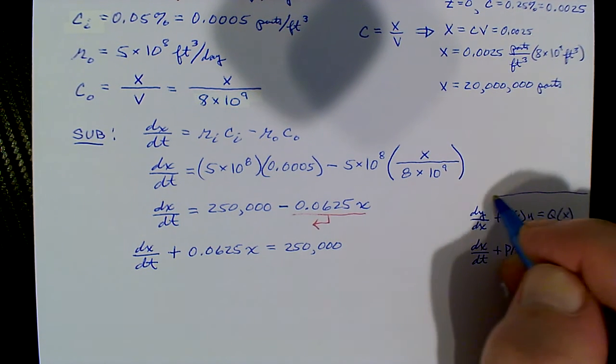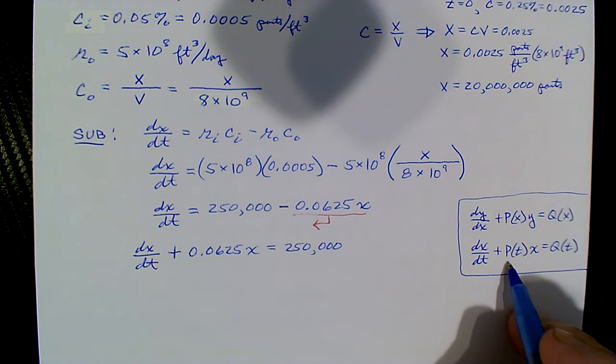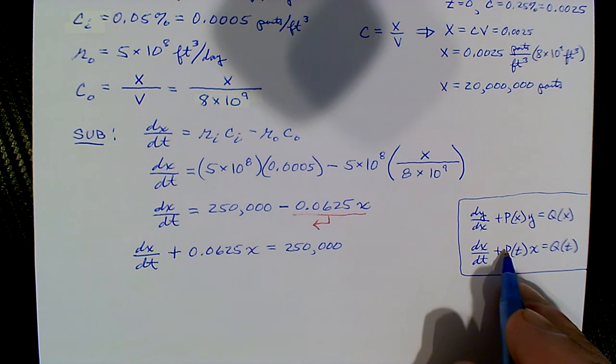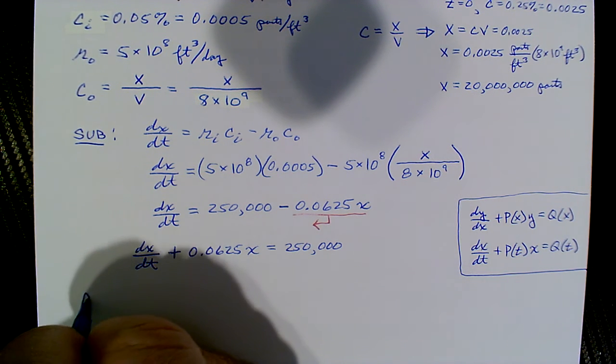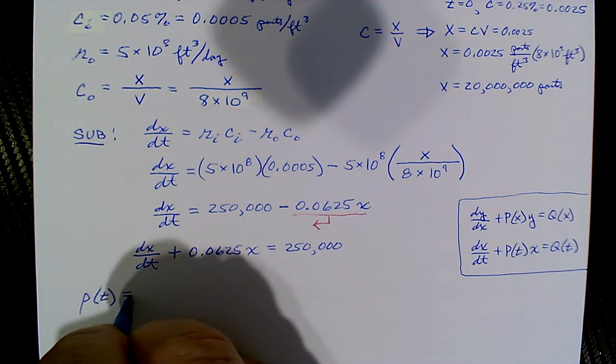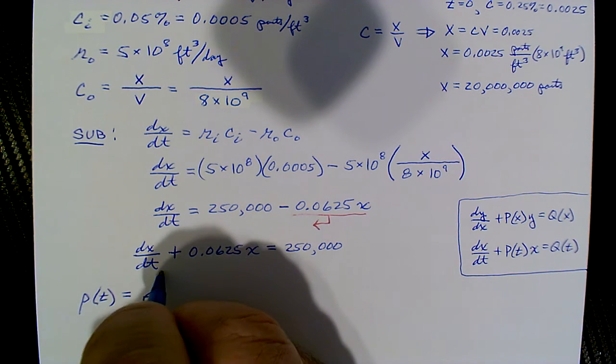So that's the analogy for the variables we're dealing with. This is a linear first order equation that fits this form, and so we need the integrating factor. Now we usually just say rho. I want to be more precise here and say rho of t, because t is the independent variable.